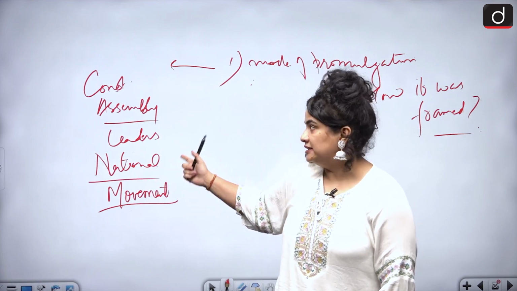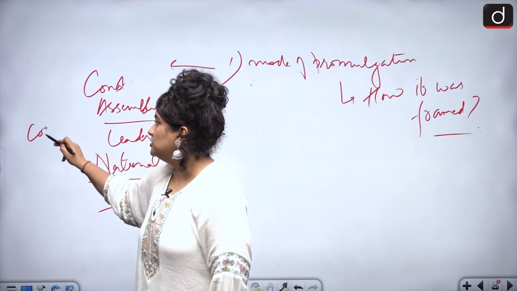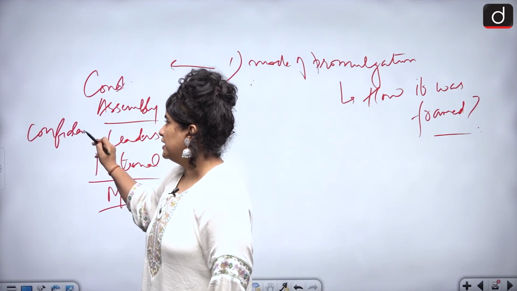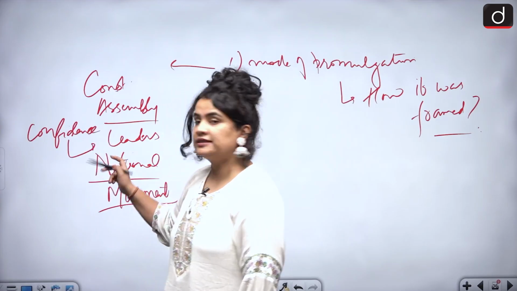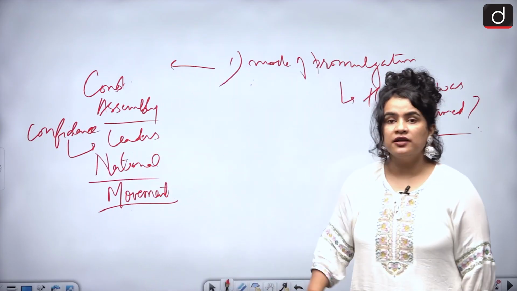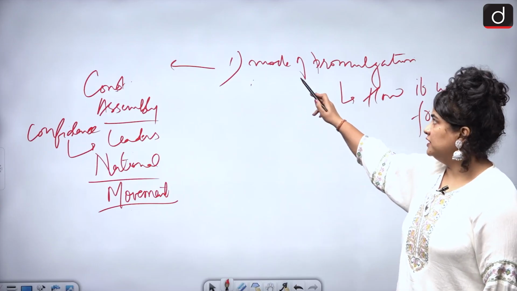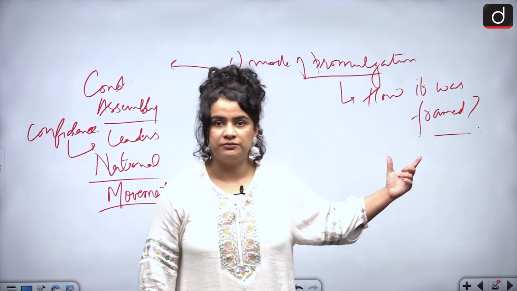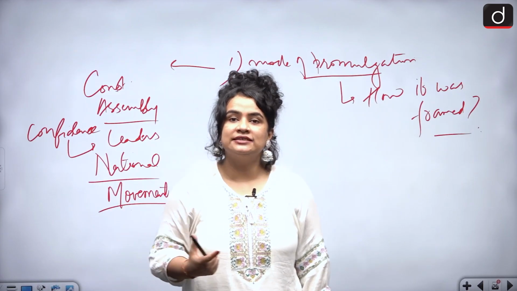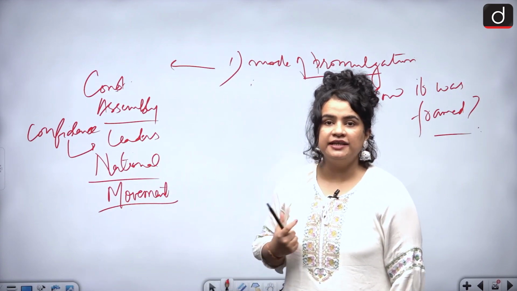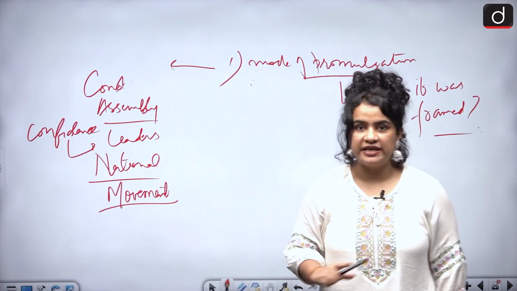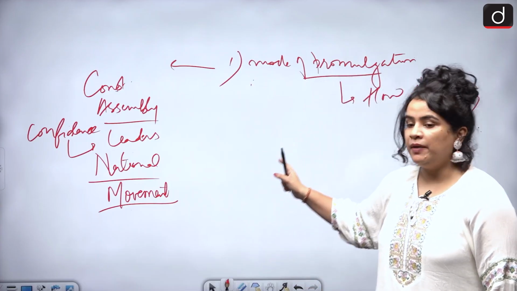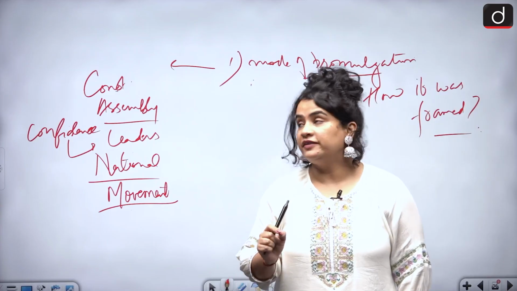Or in other words, the citizens had already shown their confidence and support for these leaders who fought for our freedom. So, obviously, when we are talking about the mode of promulgation or how it was framed, we know that it has some backing, some legitimacy, some authority to it. Hence, citizens abide by it even though there was no formal referendum.